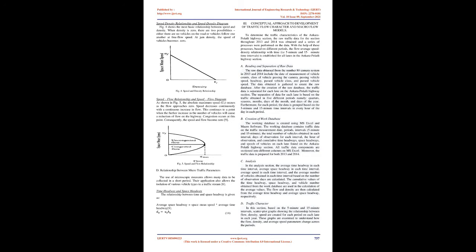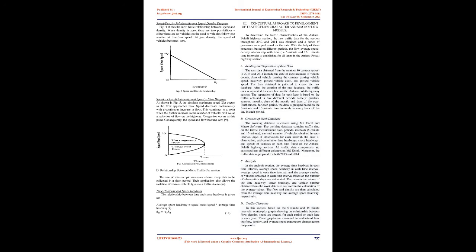B. Raw data. Traffic measurement data is obtained for all lanes located in the Ankara-Polatli and Polatli-Ankara directions from January 1, 2013 to December 31, 2014. This data is referred to as raw data.